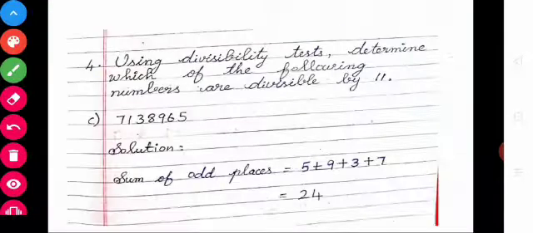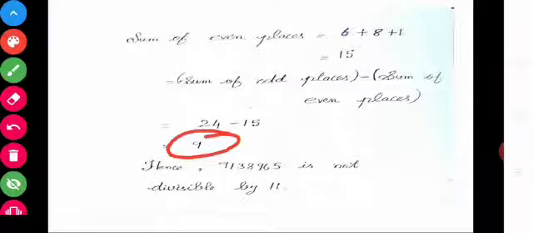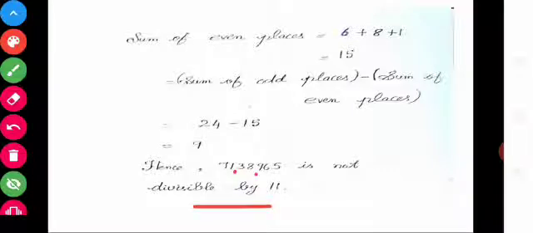What is the sum? 6 plus 8 plus 1. It is equal to 15. Now do the subtraction, sum of odd places minus sum of even places. 24 minus 15, it is equal to 9. So 9 is not divisible by 11. Hence, 71,38,965 is not divisible by 11.